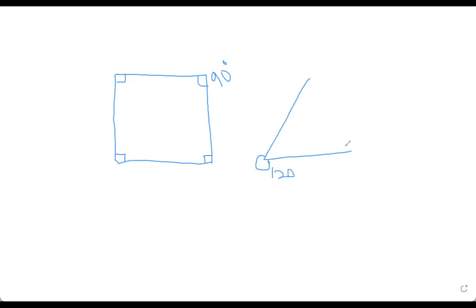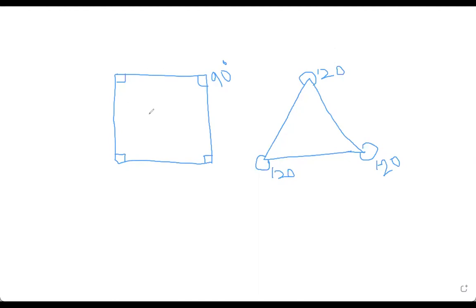Then I turn again, and draw another line to complete the triangle. This is 120 as well. And I'm going to show you how I get the 120. It's not a miracle.